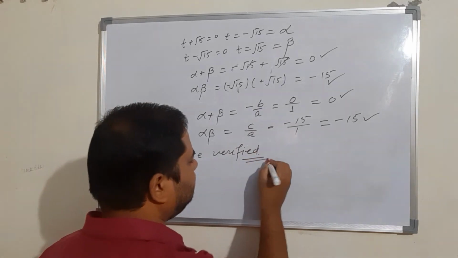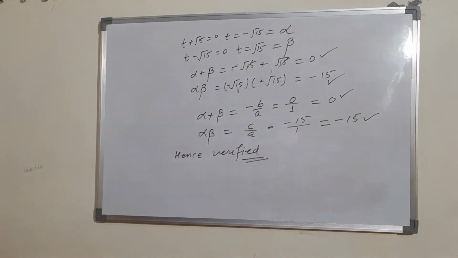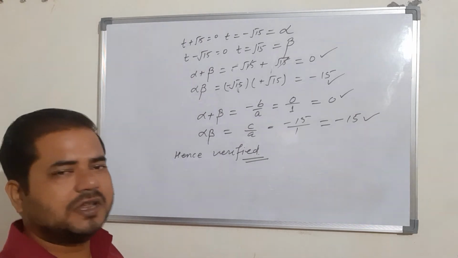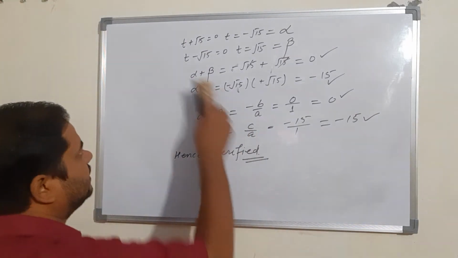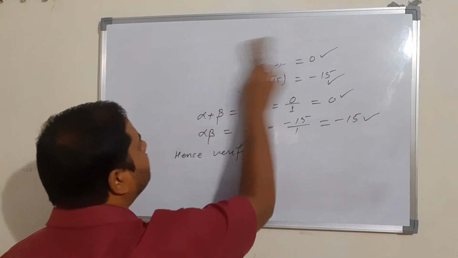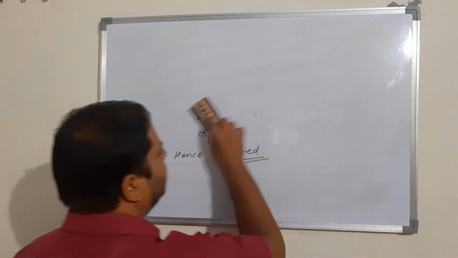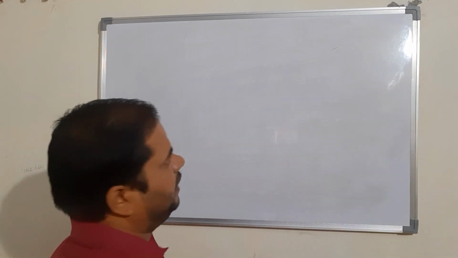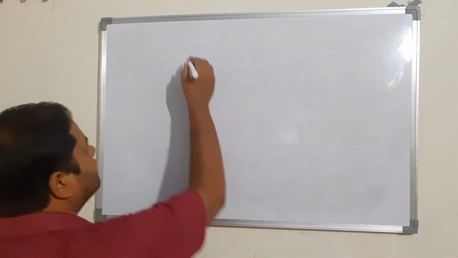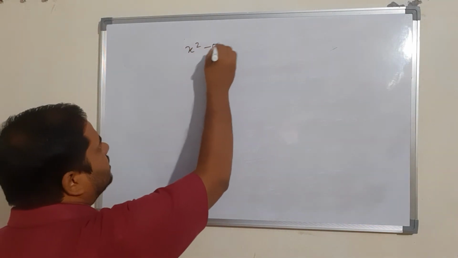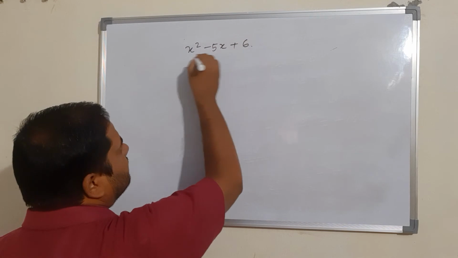Okay. Now the next one is x square minus 5x plus 6.